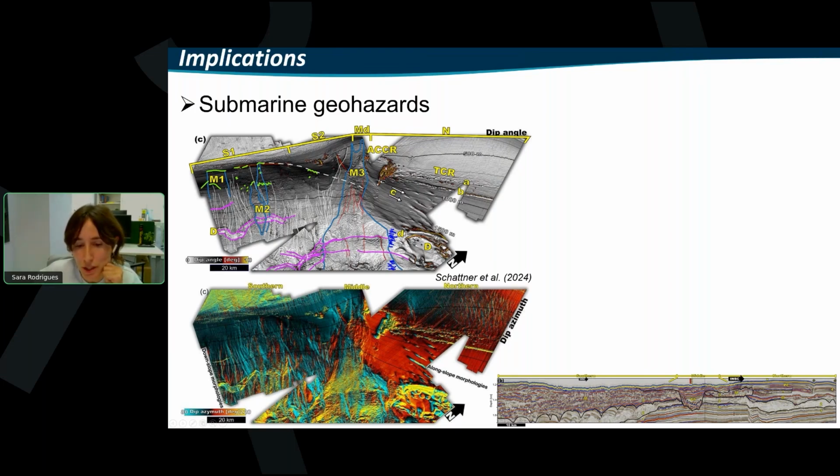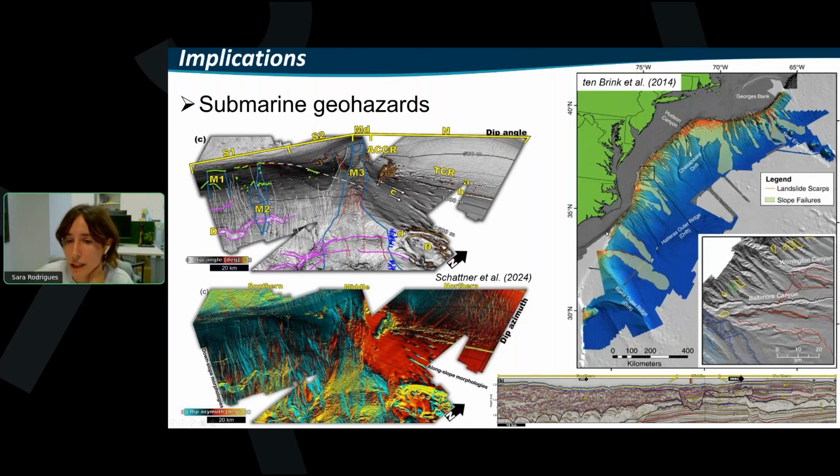And all of these features can be very significant for the presence of submarine geohazards, and need to be taken into consideration. In addition, most of you know, for example, that contourite systems, such as the ones formed in the US Atlantic, and even some of the mixed systems that we have in this area, are often associated with a very steep slope, and that steep slope has a gradient and an oversteepness that could generate more geohazards in the area.